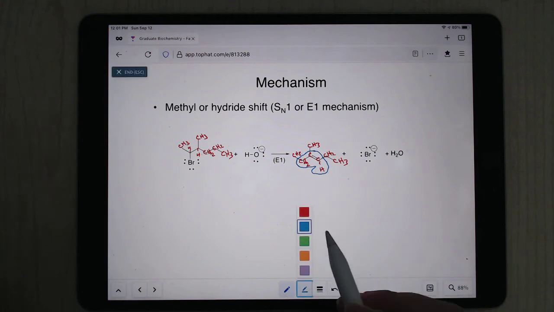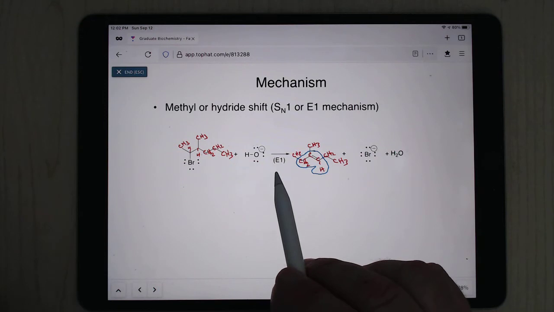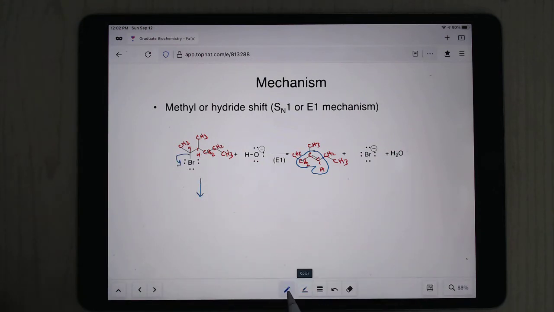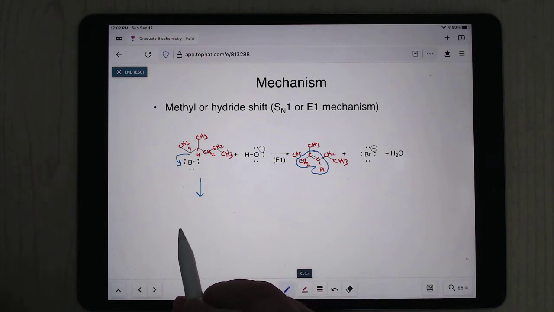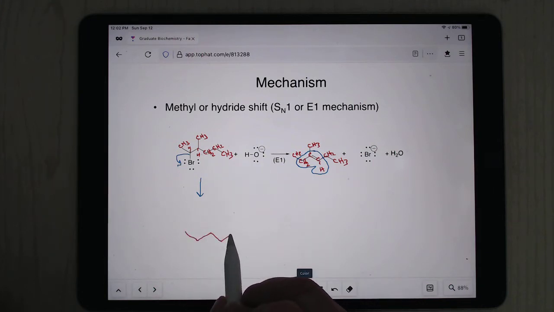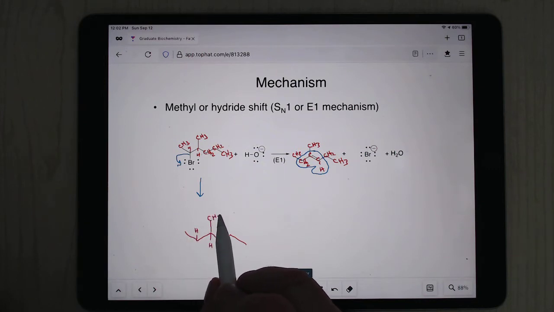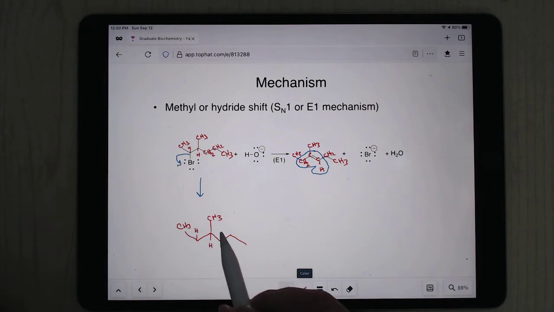And so the first thing that happens for an E1 is the leaving group leaves, and so you end up with that.